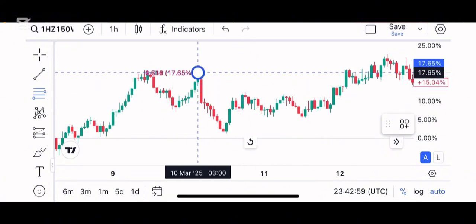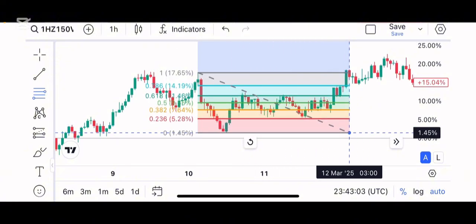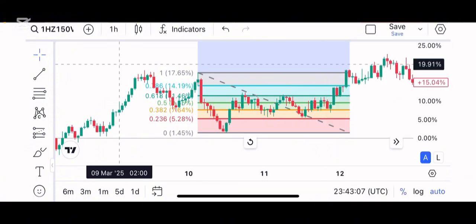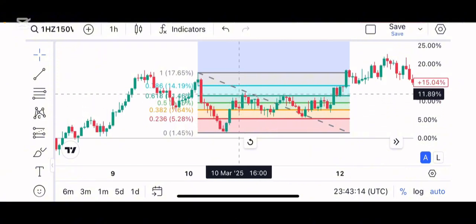So if I draw this Fibonacci all the way down to this point, let me just stretch it a little bit. What I said is that we want to take a buy and hold the buy all the way to the 61.8 Fibonacci. So this is the point we are supposed to leave this market.